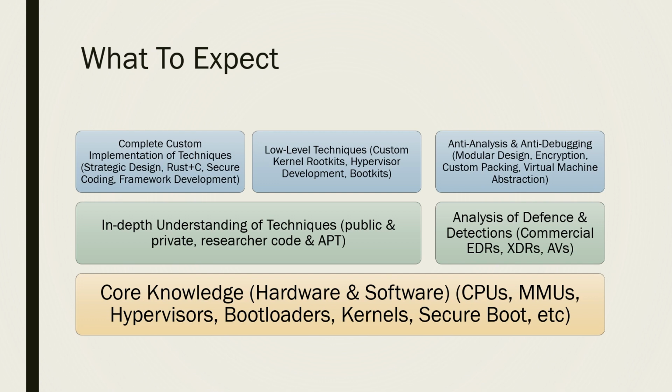We'll also look into anti-analysis and anti-debugging, things like using custom encryption, custom packing, virtual machine abstractions in our code, modular designs, things like that. Because, as I mentioned earlier, there's a trade-off between time and development, we'll be exploring in some cases multiple approaches to the same thing, where both approaches give you stealth and the ability to hide your code, but one may be way more resource or time intensive than the other.